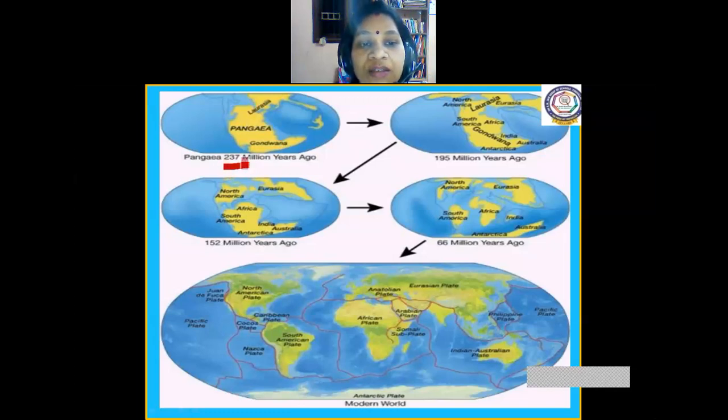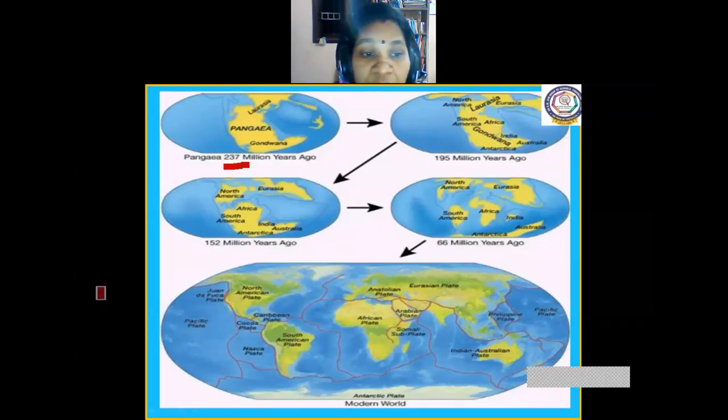Before 237 million years, it was like this. After 195 million years ago, like this. See, this is Eurasia, this one is Asia, our continent. See this North America, this South America, Africa, and even India is near this, nearby Australia, Antarctica, and Africa.